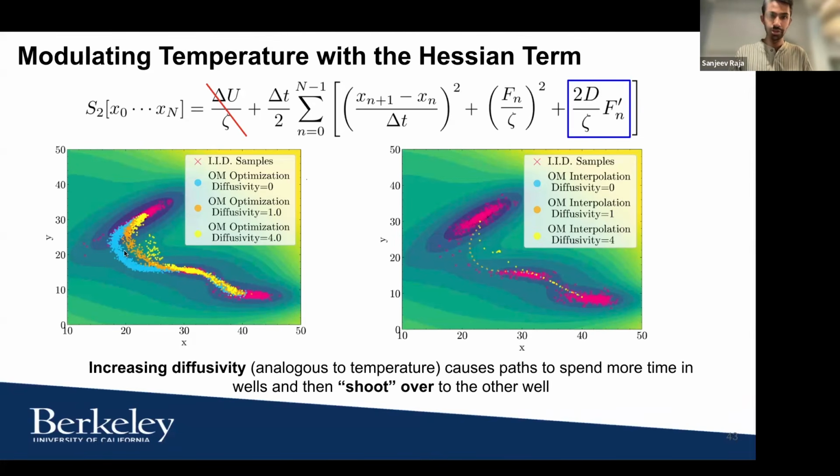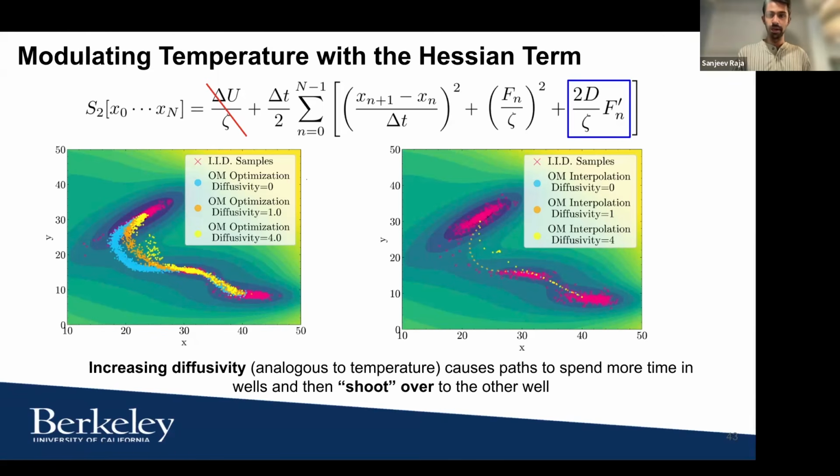If you add this to the objective function of the OM action that you're optimizing, you essentially get paths which cross at higher energy barriers, which is intuitive in the sense that when you have a higher scale of thermal fluctuations, which is what higher temperature is, you spend more time in the energy wells and then shoot over higher energy barriers when you actually do make the transition.